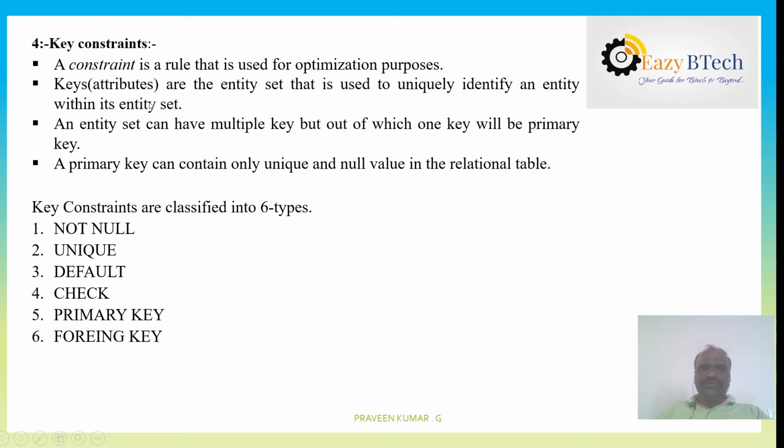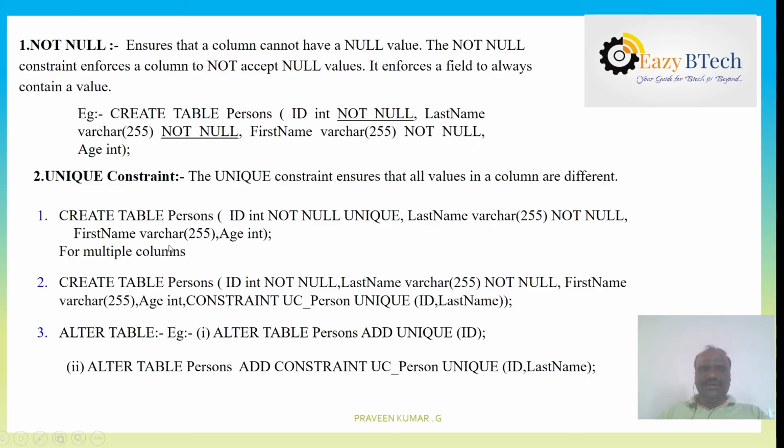If we want to give some specific optimization to our database design, we go with key constraints. Key constraints are nothing but some conditions. First one is not null. It ensures that a column cannot have a null value; the not null constraint enforces that a column does not accept null values.